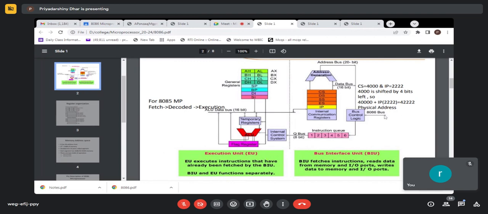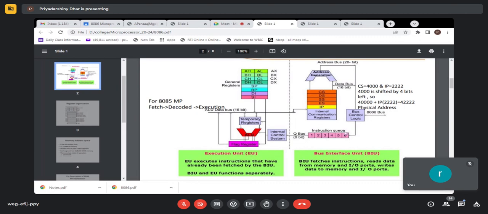So this is our bus interface unit. Now the next point: this bus interface unit, our right hand side unit, basically computes and sends out addresses, fetches instruction codes, and stores the instruction code in an instruction queue.